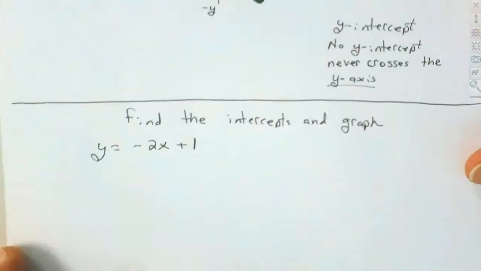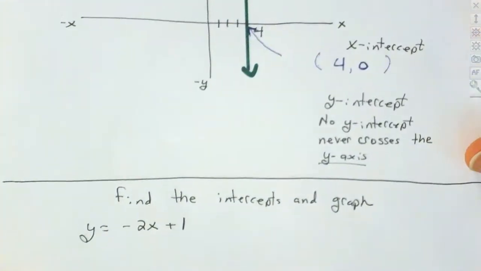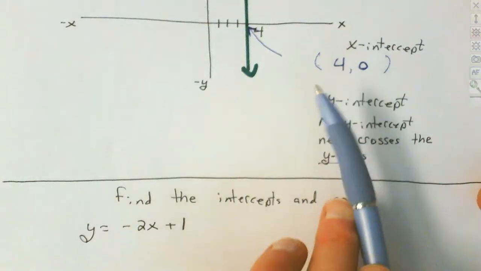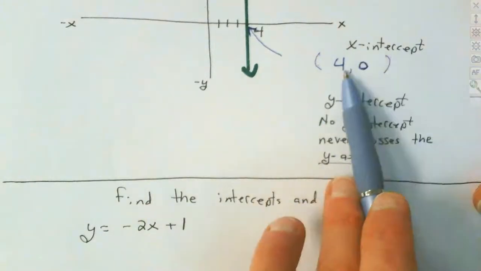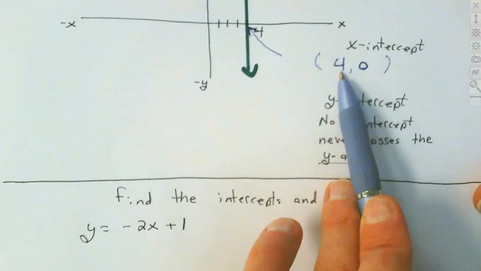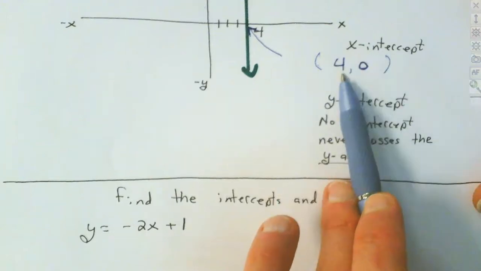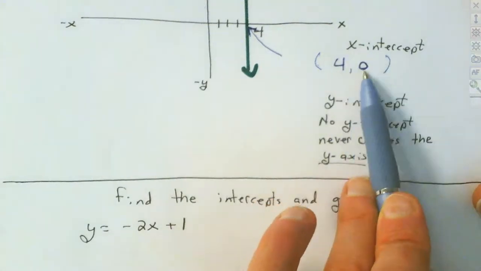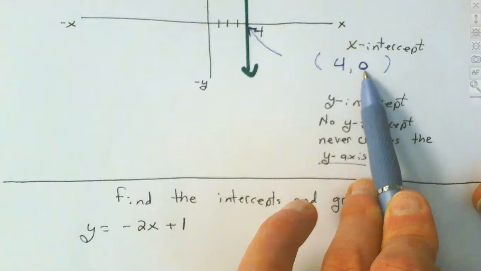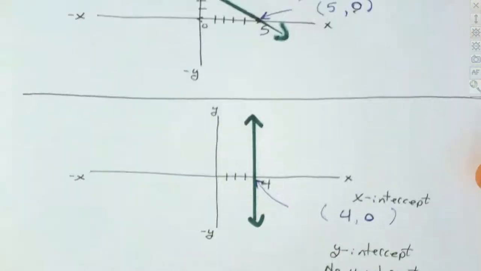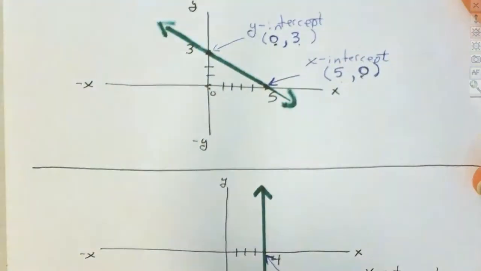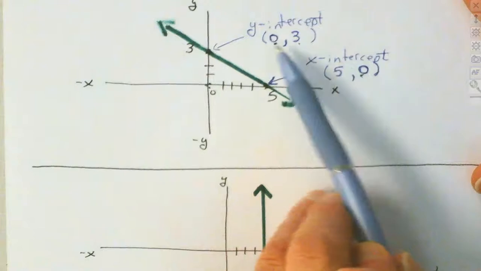Okay, now let's go back. We can look at either one. We'll look at this one. Okay, and let's talk about the x-intercept. Now, when I talked about the x-intercept, what did you notice? The x-intercept, we had a value for the x, but y was going to be what? 0.